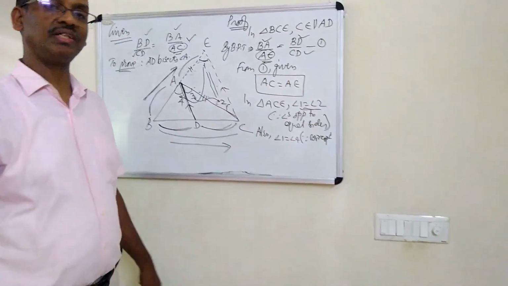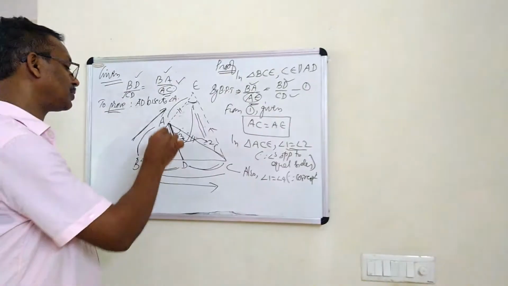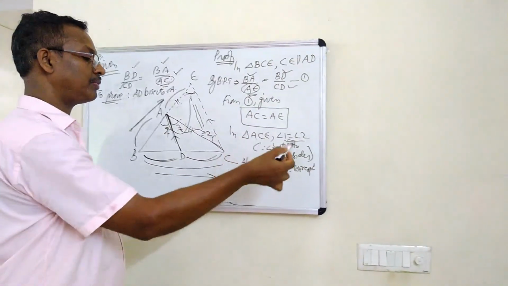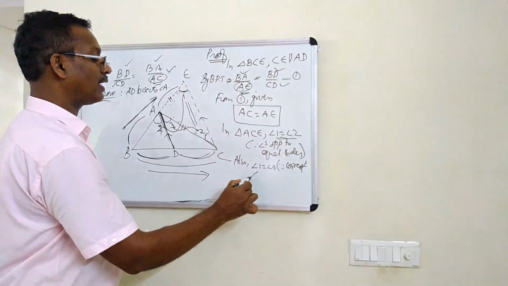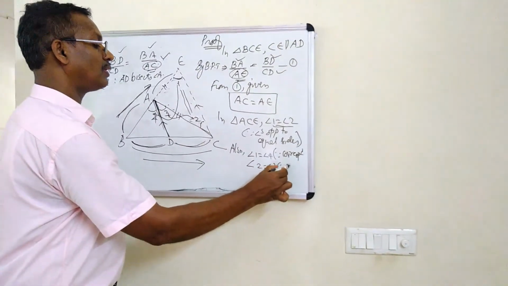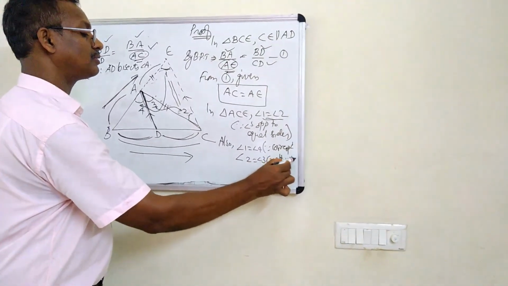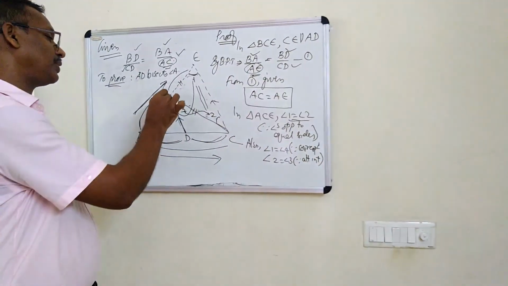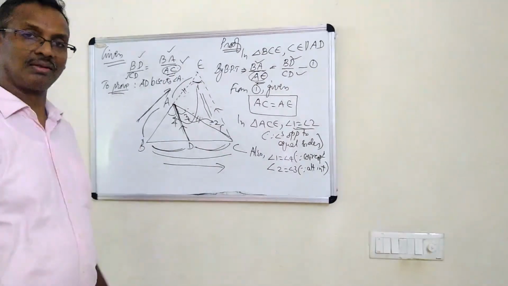Corresponding angles are not always equal. In this case, they are equal because AD is parallel to CE. If you want, you have to mention that also. Angle 2 is equal to angle 3 because of alternate interior angles. Always alternate interior angles are not equal. In this case, they are equal because the lines are parallel.